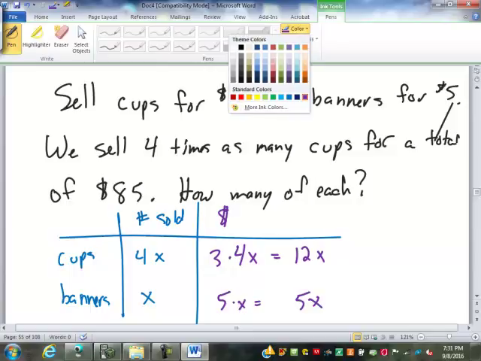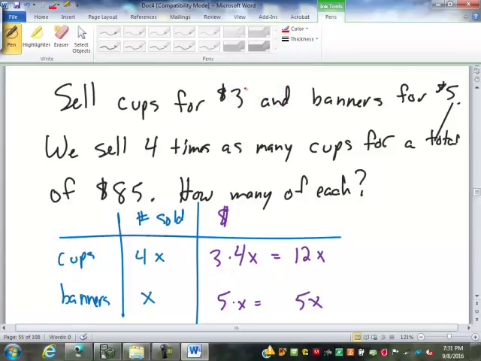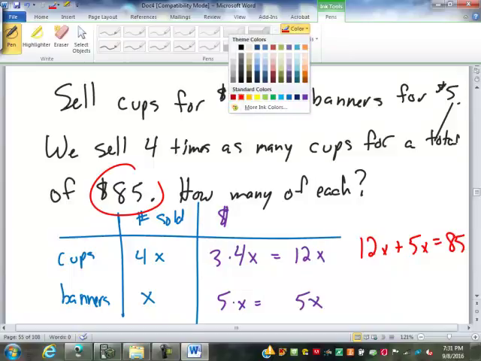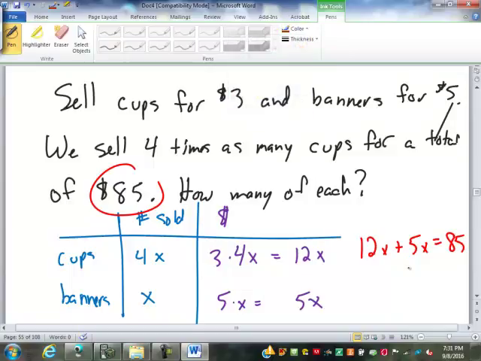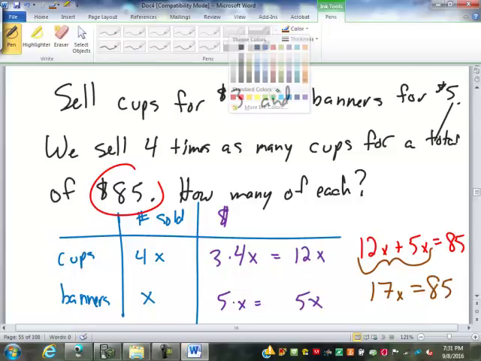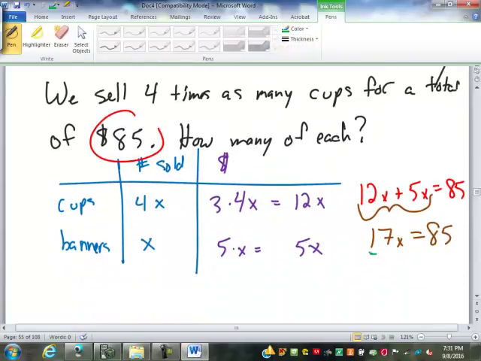What do we know about those two amounts? They have to add up to 85. So 12X plus 5X has to add up to $85. Then what? Combine the 12X and 5X to get 17X, 85, and then divide by 17.